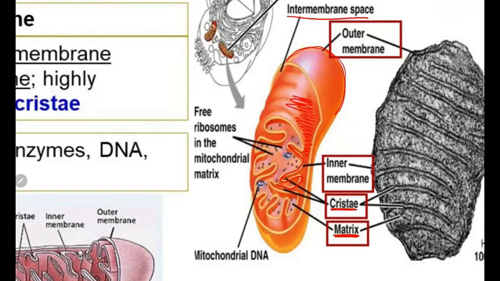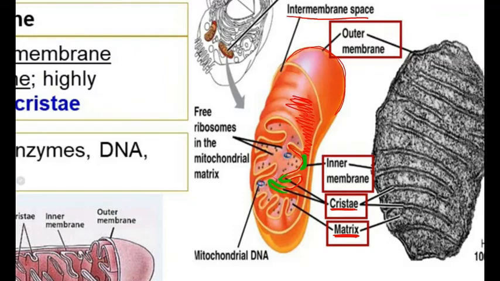Highly folded means bahagian yang berlipat sangat banyak lah. The highly folded part is called cristae, bahagian lipatan ini. Kalau dia tak berlipat, kita boleh label as inner membrane. Sekejap okay. So this part is the inner membrane, but the folded part here is labeled as cristae.